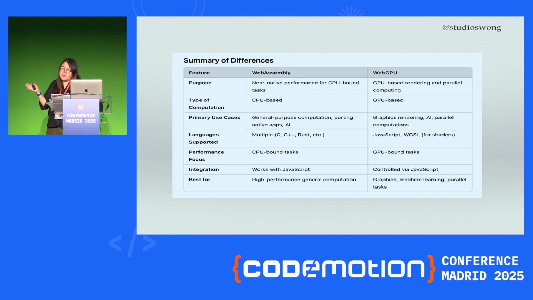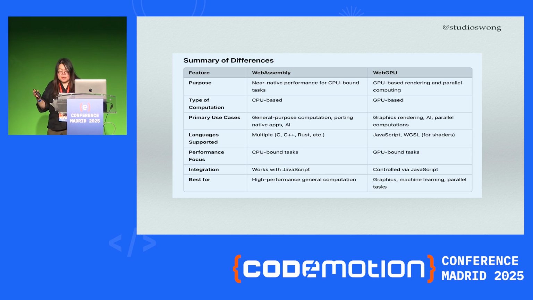So, in other words, WASM is very good for general-purpose computation, enabling AI applications. Let's say if you want to port some applications that you've developed natively in Rust or C++, you can use it to port them into the web and support all those different languages. In contrast, WebGPU is more suited for tasks that require heavy graphics rendering or parallel computation.